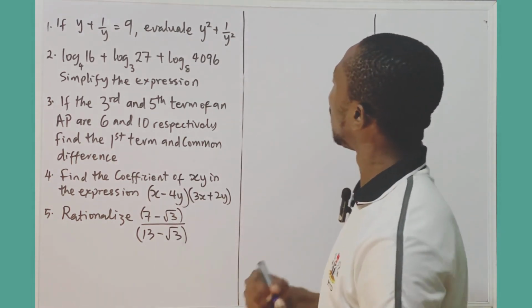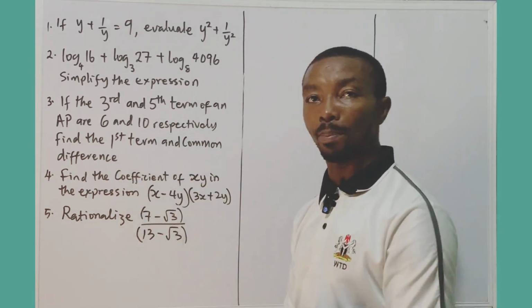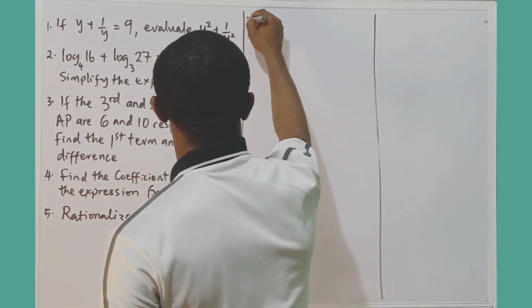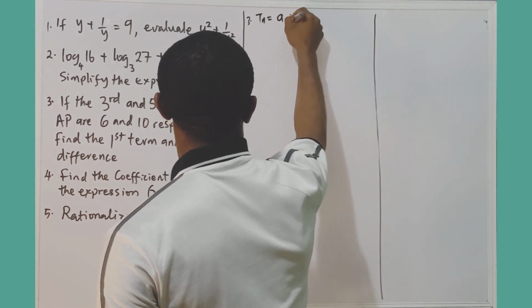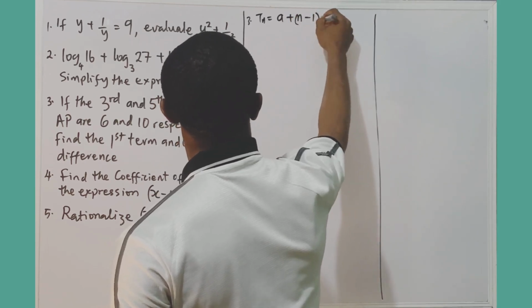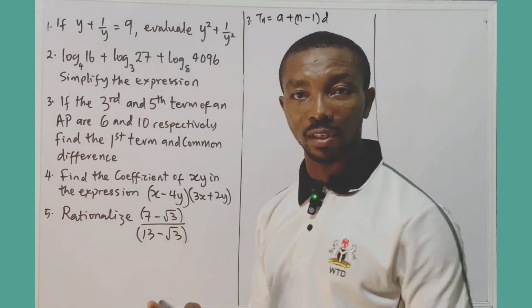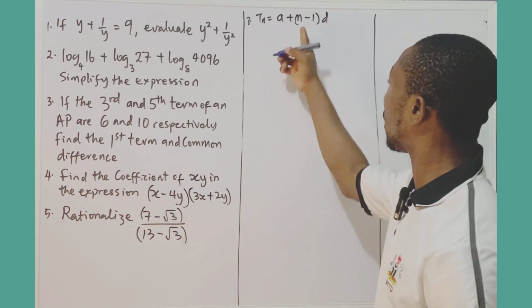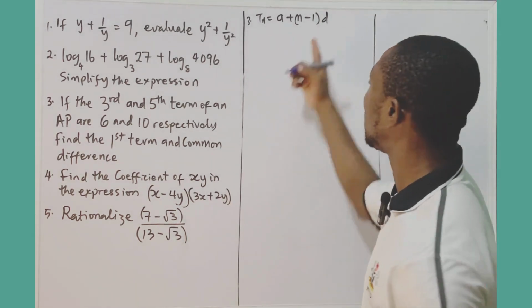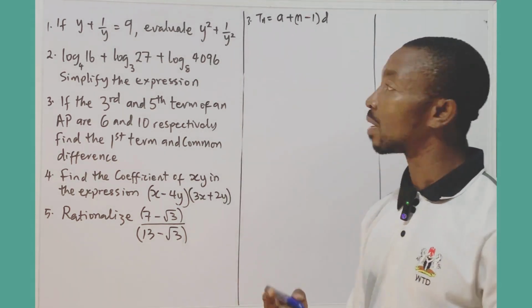Since we are told it's an AP, I know that the general term for an AP is Tn equals a plus n minus 1 d, where a is the first term, n is the number of terms, and d is the common difference.